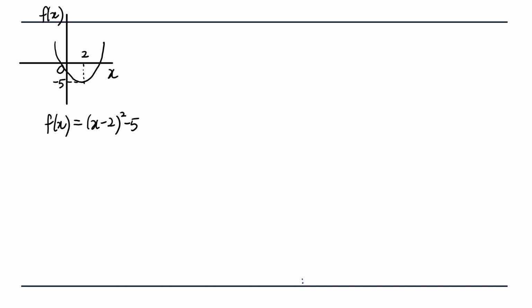Right, so let's look at another curve. In this curve here, the function is (x minus 2) squared minus 5. Let us start off by saying that for all real values of x, x squared will be more than or equal to 0, from slide number 2, the curve that we have drawn.